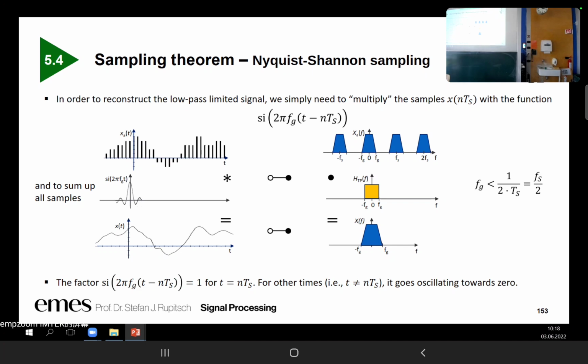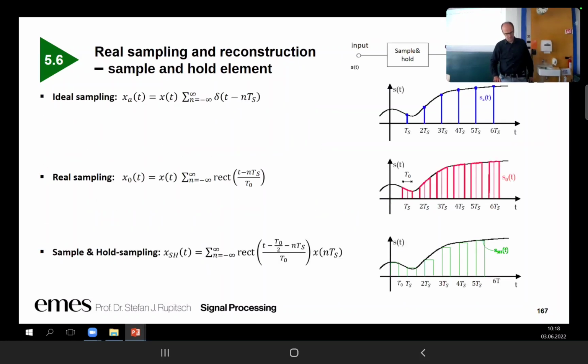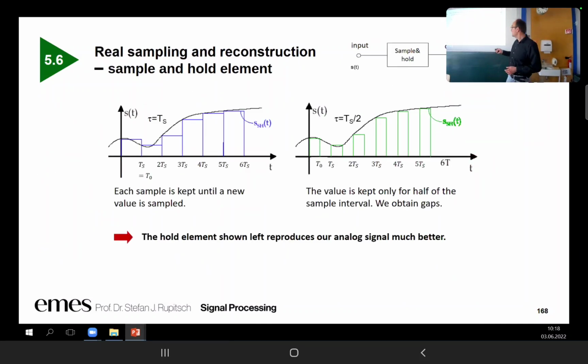Now, if you compare this staircase function here, the left one, it's to some extent quite similar to our original signal we want to reconstruct.